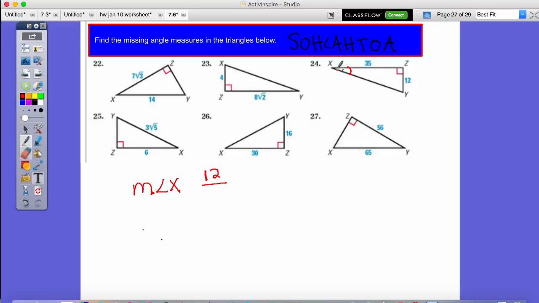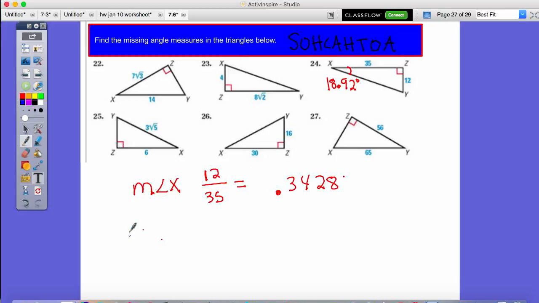And the leg adjacent to angle x is 35. 12 divided by 35 is 0.342857, etc. Since I'm using tangent, but I'm finding an angle measure, I'm using the inverse. Second button, tan^-1, and angle x is 18.92 degrees.